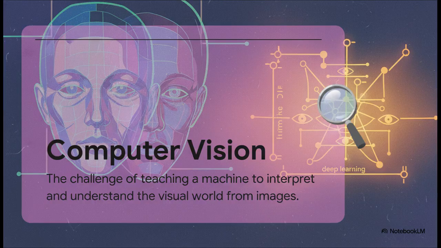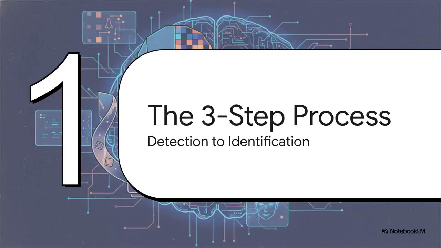And that right there is the entire goal of computer vision. It's this huge challenge of teaching a machine how to look at that giant grid of numbers and actually understand what it's looking at. To find a face in the data, just like our brains do with the light that hits our eyes. So facial recognition isn't just one single aha moment for the computer. It's actually a super methodical three-step process.